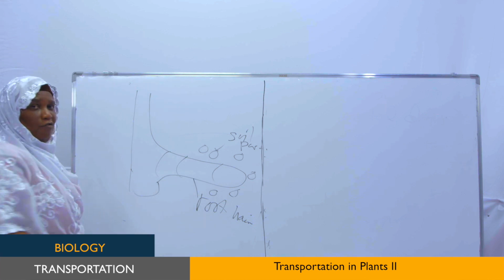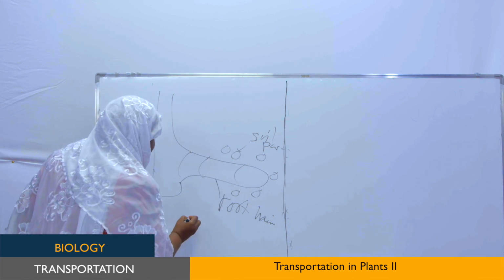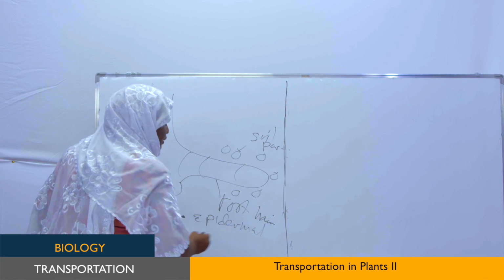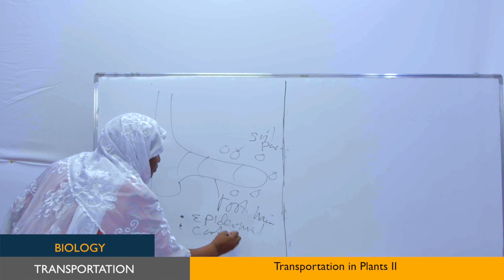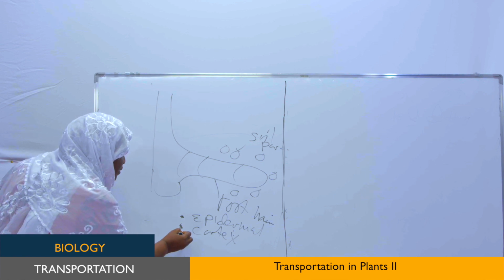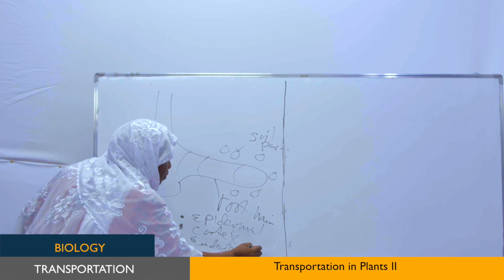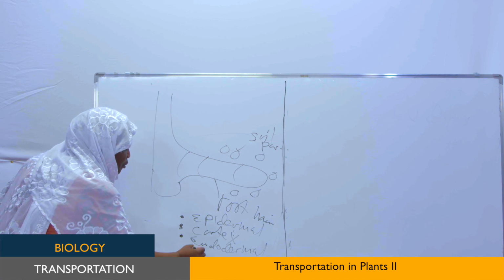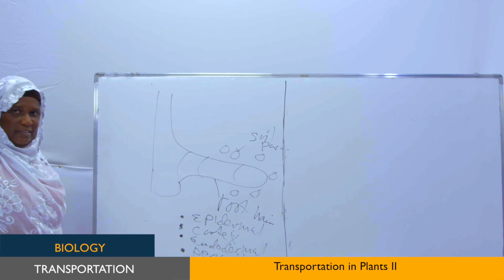The root here is composed of different kinds of cells. For instance, there is the so-called epidermal cell. There is also the cortex, cortex cells. Apart from the cortex, there are also endodermal cells and pericycle cells.